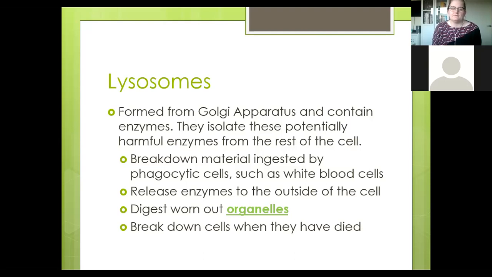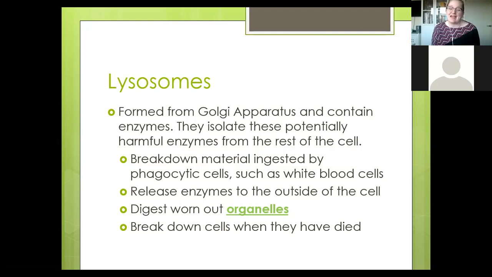When we talk about phagocytosis happening with white blood cells engulfing pathogens, those digestive lysosomes are the vesicles that contain the lysozymes, which are the digestive enzymes that can then go in and start to break down all those pathogens.